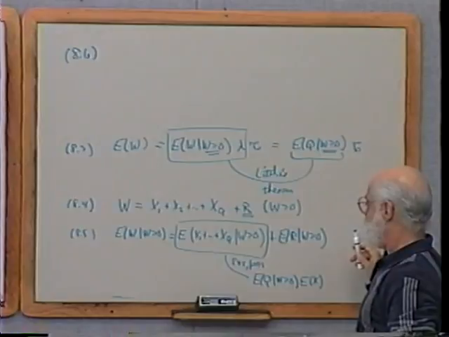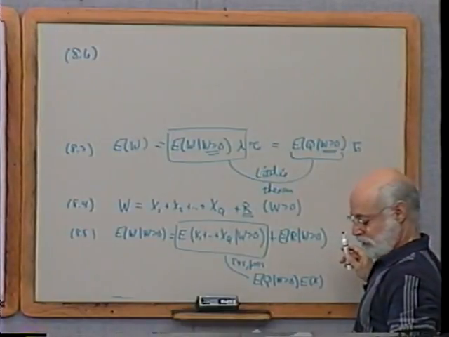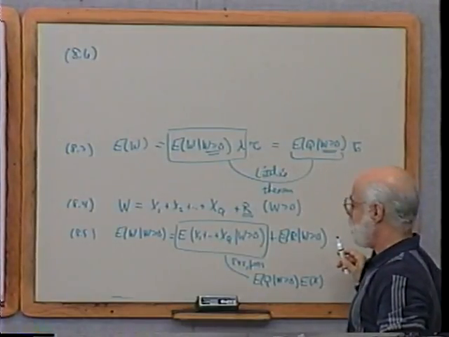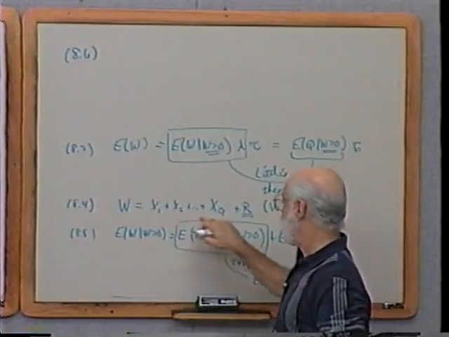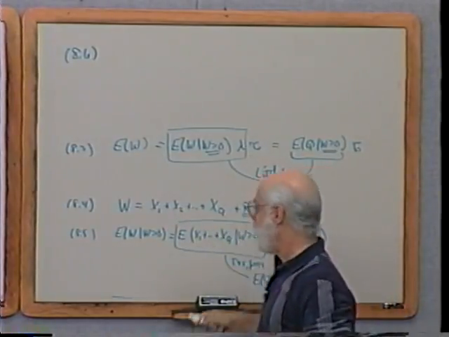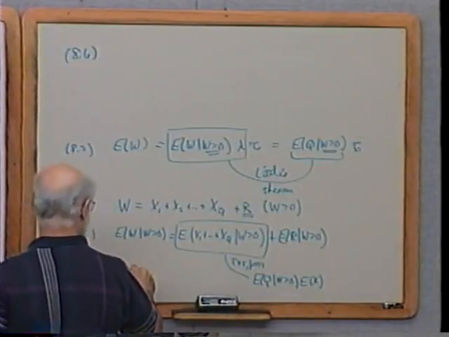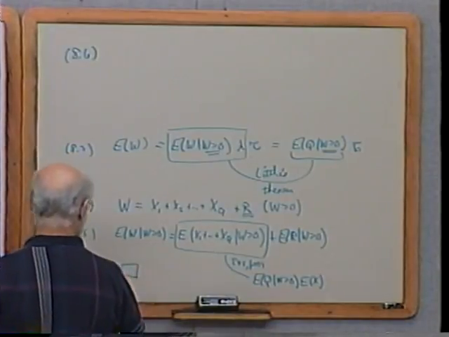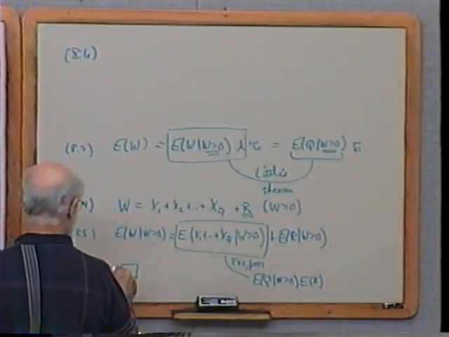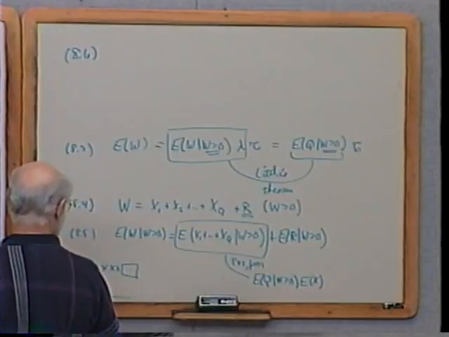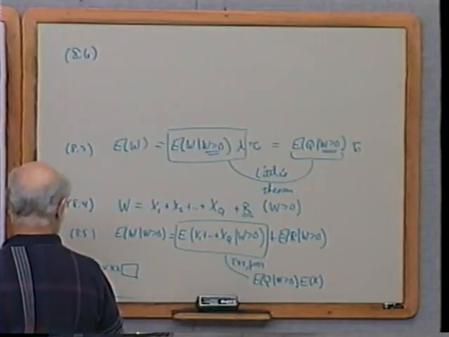Waiting time, W equals x1 plus through xq plus R. Okay. Here's my queue. There's the server. There are the customers waiting in the queue. And here's the test customer.